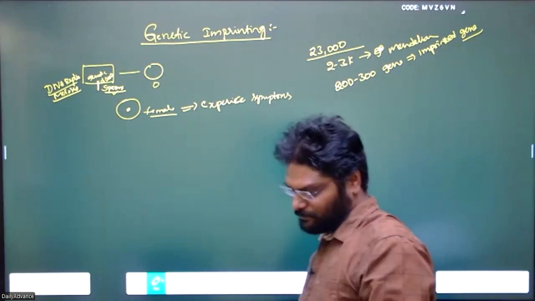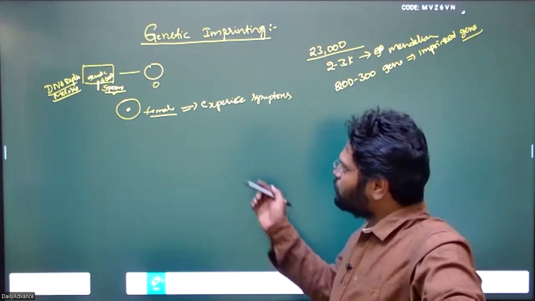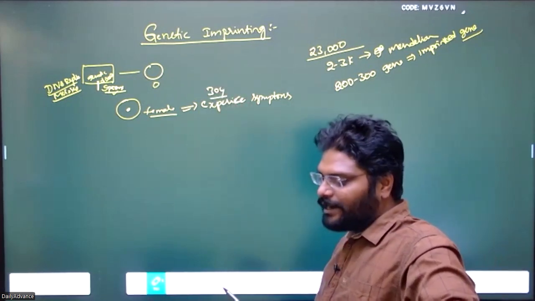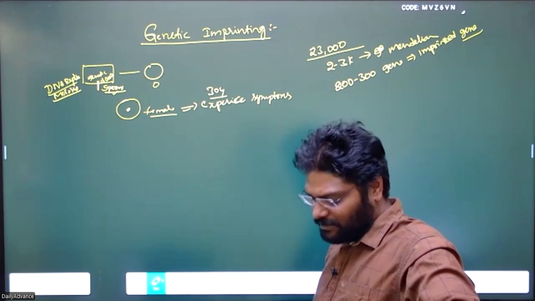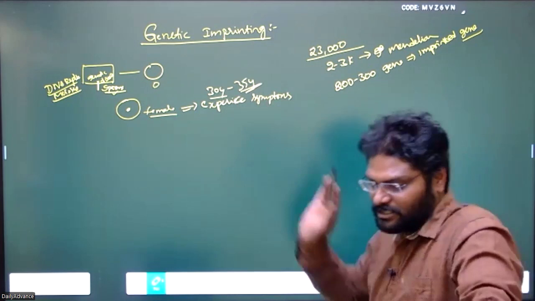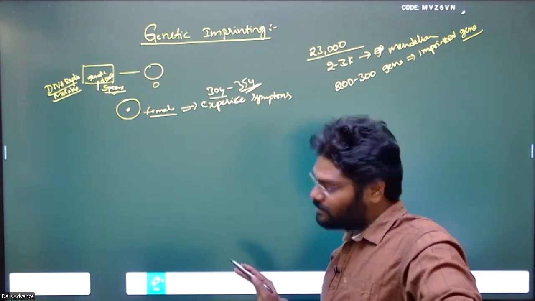Suppose at 30 years she started experiencing the symptoms, the symptoms got severe, and by 35 years she died due to the disorder. So this is the case.